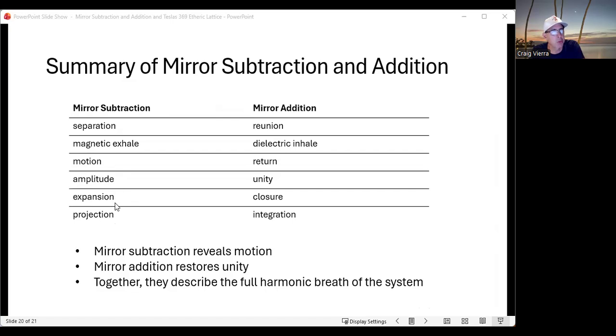These are terms that describe magnetism. Mirror addition is where we are adding them and you're having the reunion or the unity, return back to the singularity, closure, integration. So mirror subtraction reveals motion around the lattice. Mirror addition restores the unity. Together, they both describe the full harmonic breadth of the system.